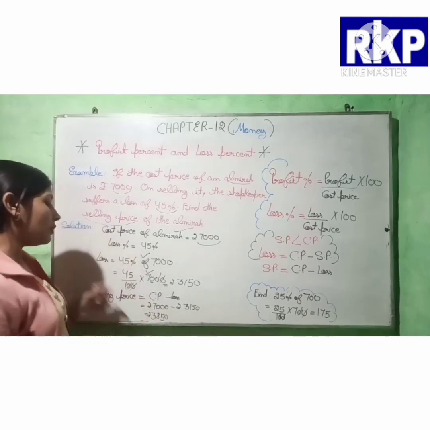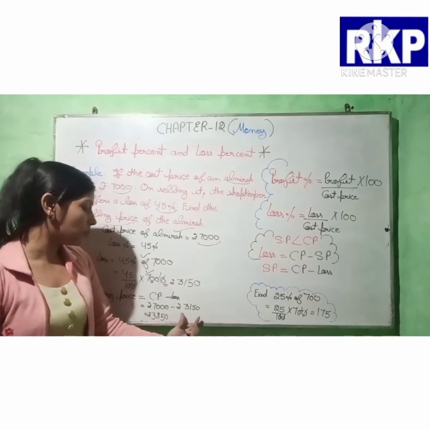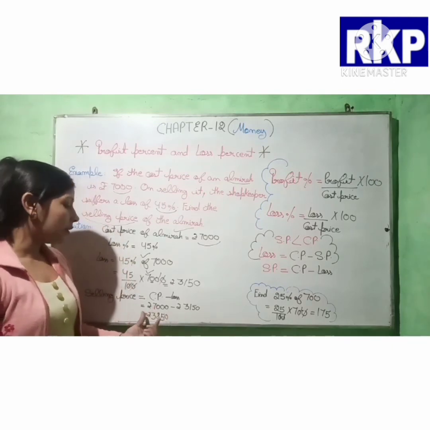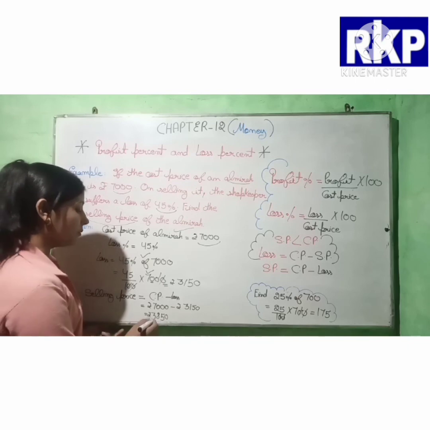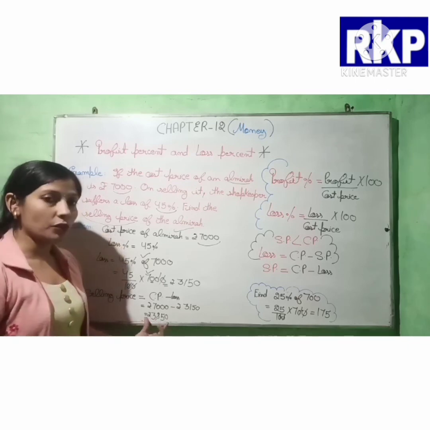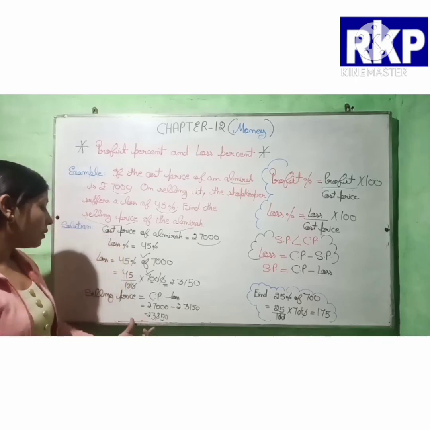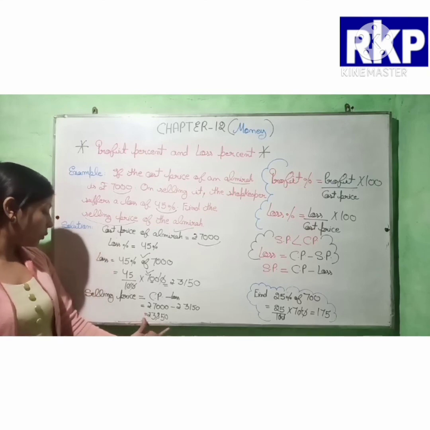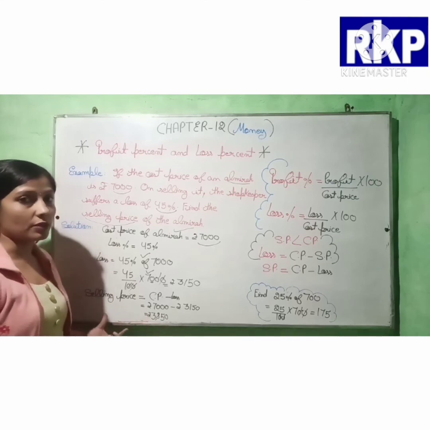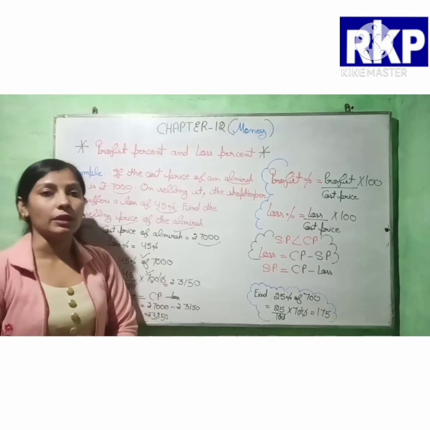Okay. Means when we subtract 3,150 from 7,000, then we get 3,850 rupees. Okay. So 3,850 rupees is selling price of this almirah.